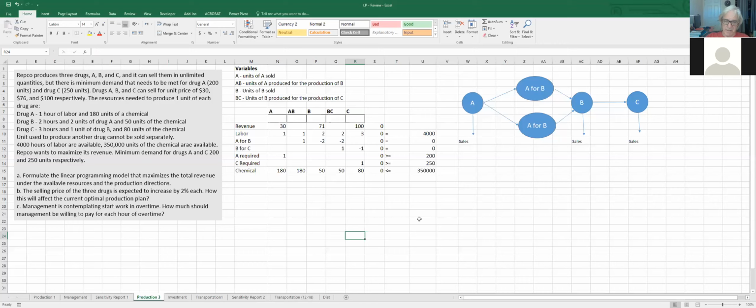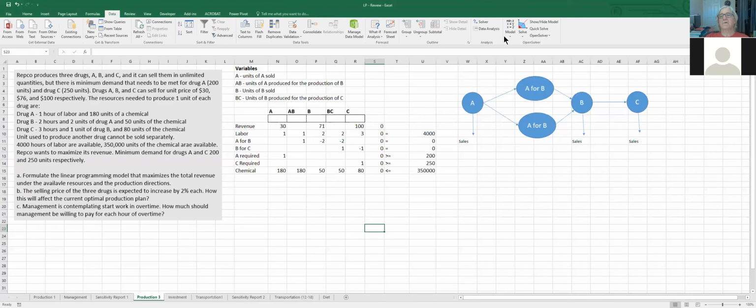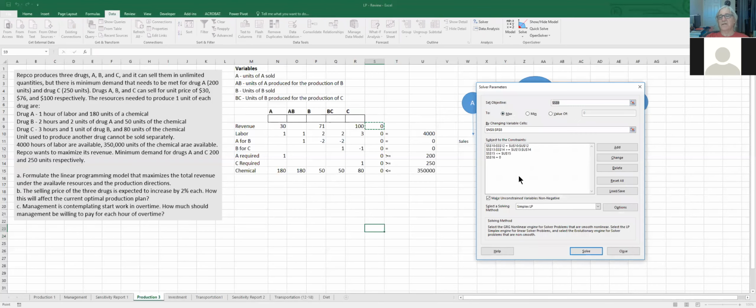Let's solve the problem now and do the sensitivity analysis. And there are 2 sensitivity questions here on B and C. Okay, so the model is already in. Let's check so that I am having the correct thing.